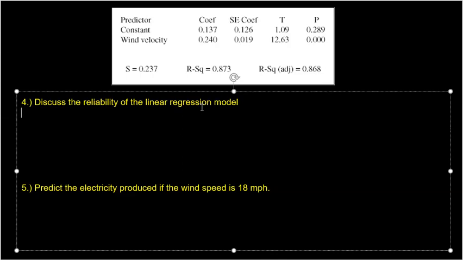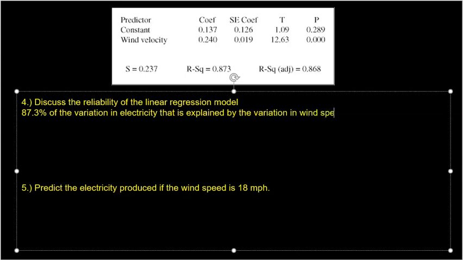Now we just have to make sure we write that nicely. First, R squared is a percentage. So it's 87.3% of the variation in electricity that is explained by the variation in wind speed.